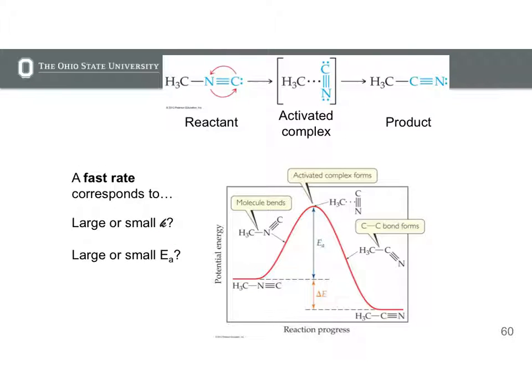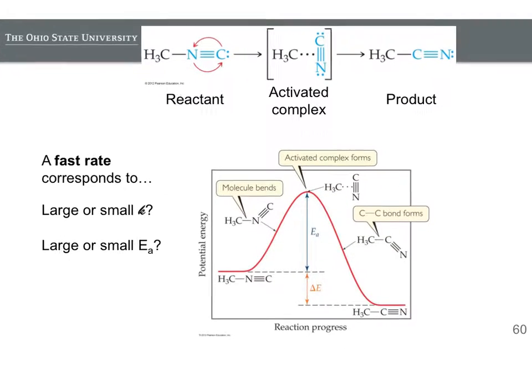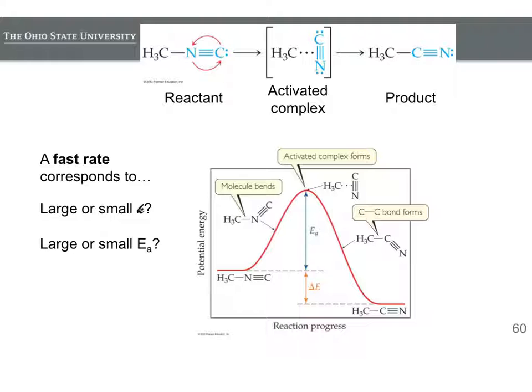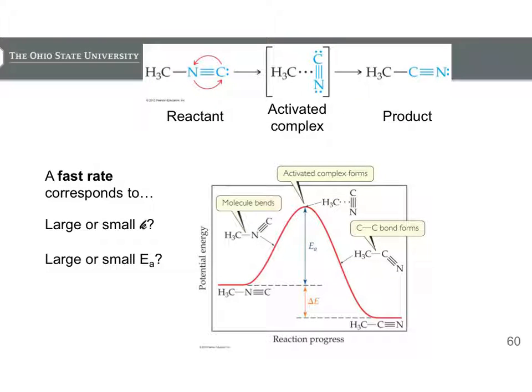So let's take a look at this in a little more detail. Okay. So we have a reaction progress diagram with our potential energy on Y and reaction progress on X. And on this side here is our reactant.